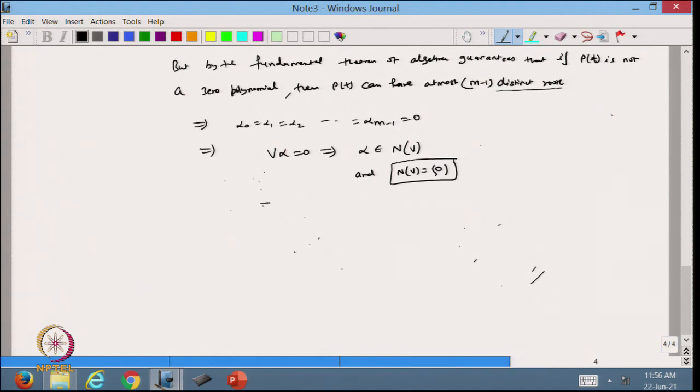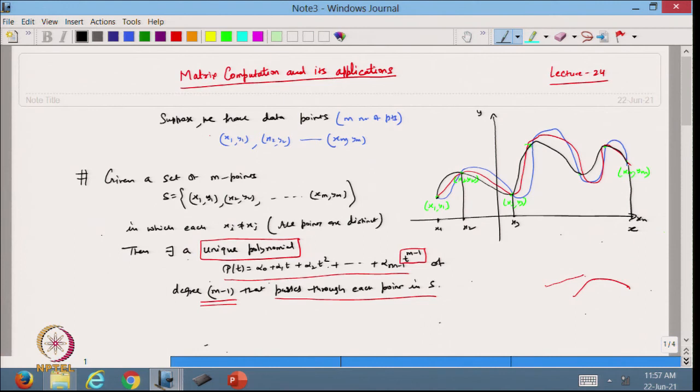So, that implies that the corresponding matrix V is non-singular, and if it is a non-singular matrix, then V alpha equal to B is going to have a unique solution, and that solution I can write as V inverse B. If it has a unique solution, it means the alpha i's we get in this case are unique.